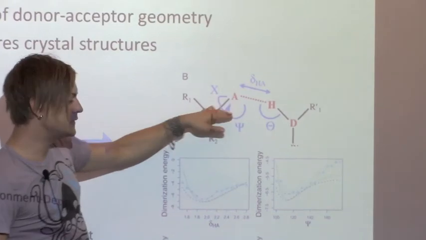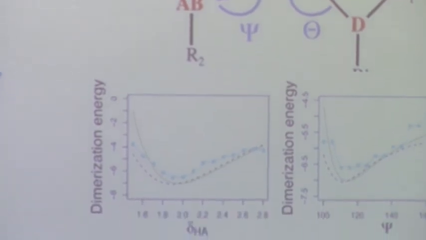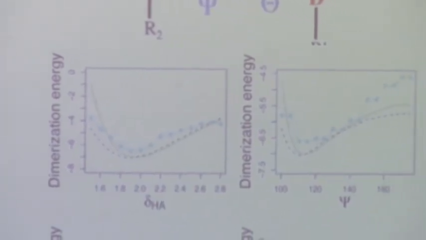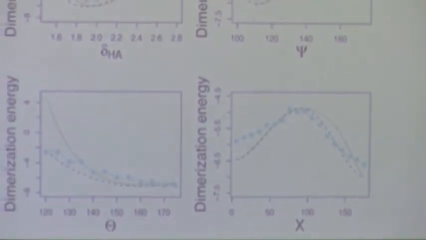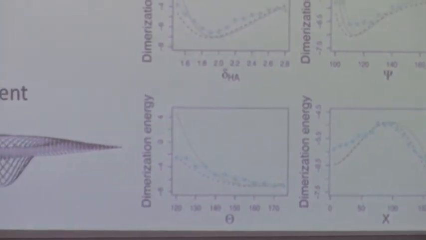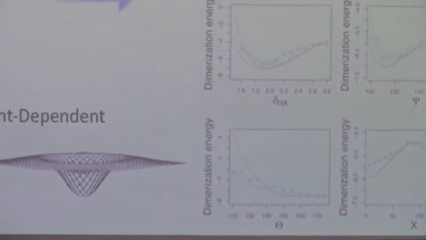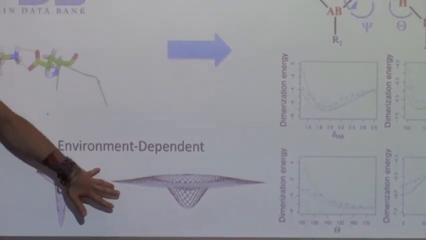Then for each one of those observables, you can get probability distributions. And all you have to do, because of Boltzmann, is take the log of a probability distribution, and you have some value that's like an energy. You can scale that by whatever temperature you want. One thing we do, as far as scaling that probability distribution to an energy calculation, is we have environment-dependent H-bonds.